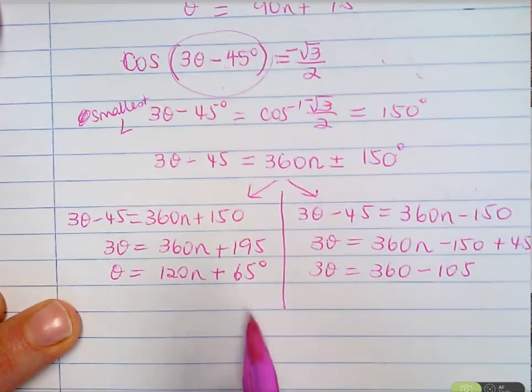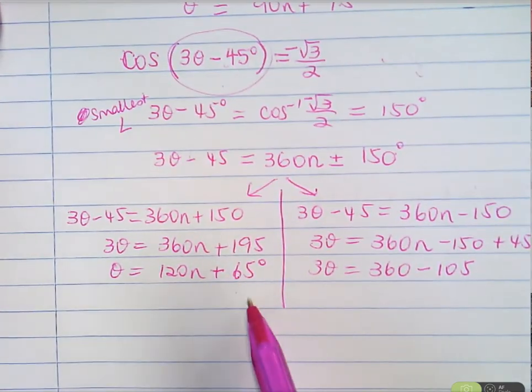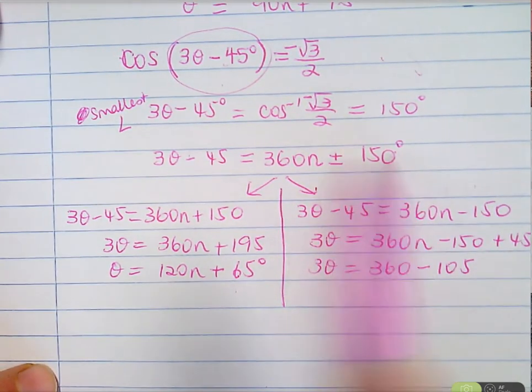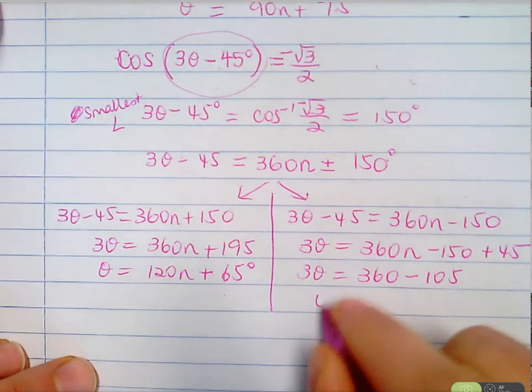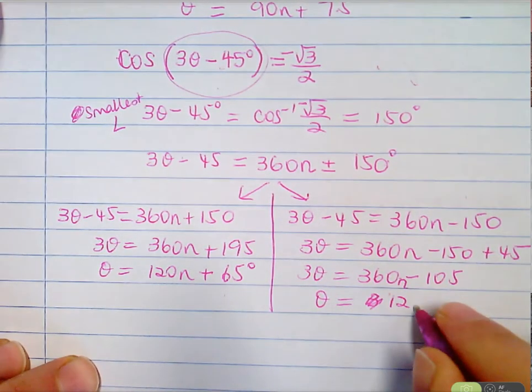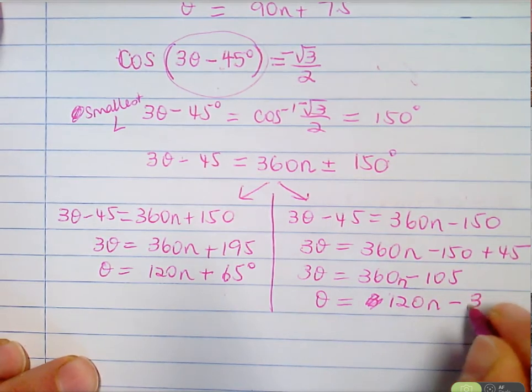See how it's different? It's not going to be plus or minus 65. We get theta is 120n minus 35.